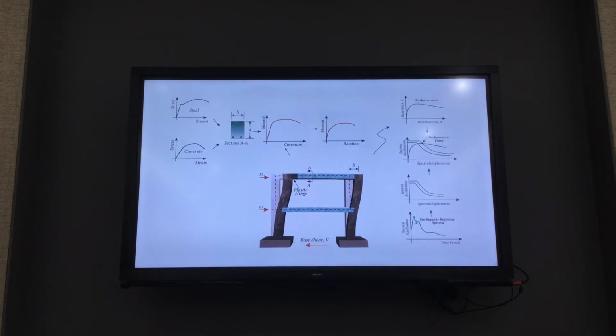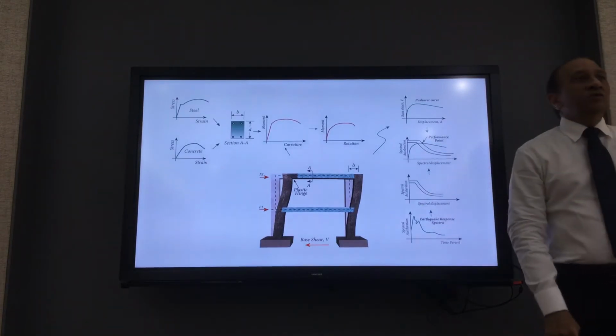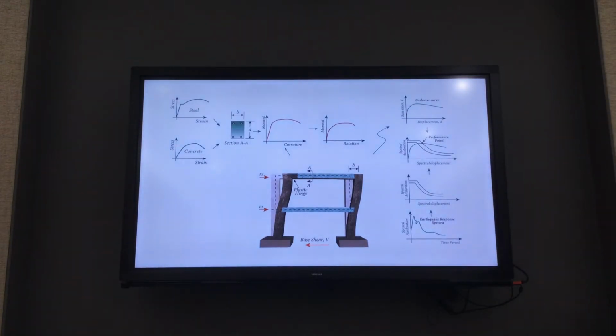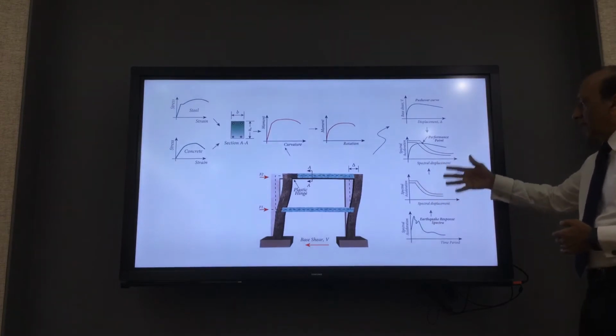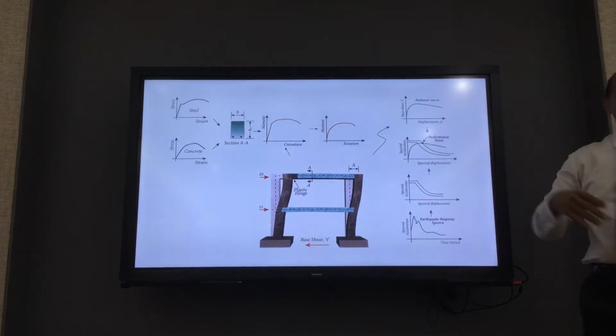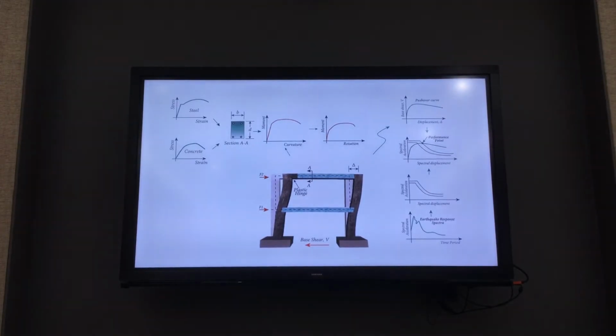If the structure is over-designed and the hazard levels are below that, your structure remains elastic and it's over-designed. So this comparison between the hazard spectrum and the response of the structure together on one graph is the key to performance-based design.